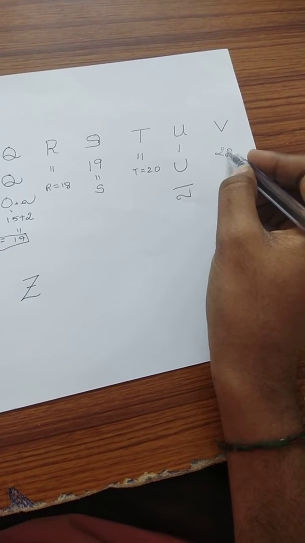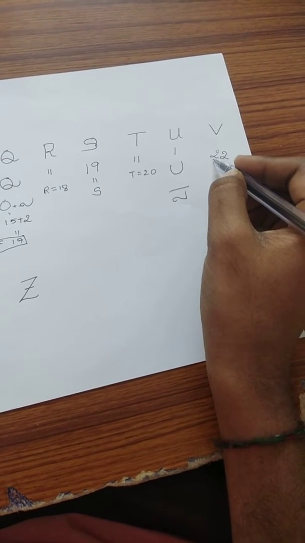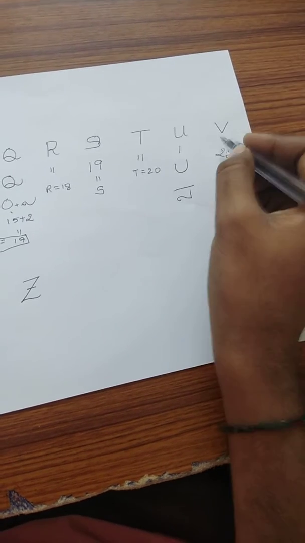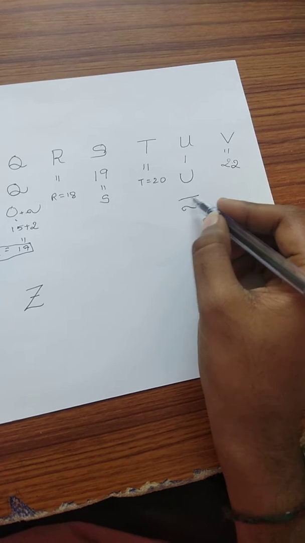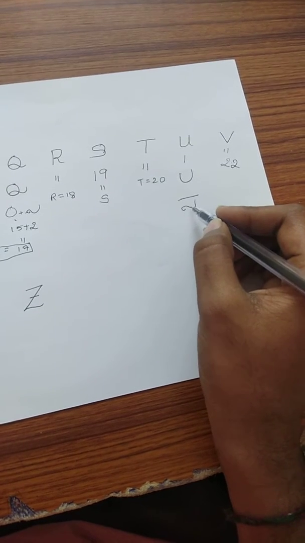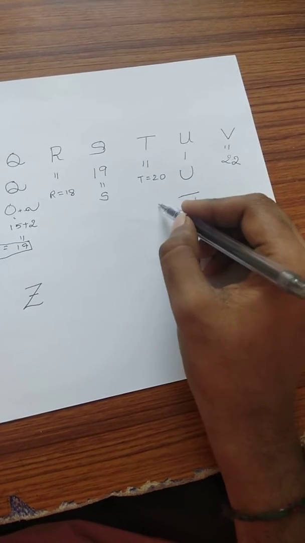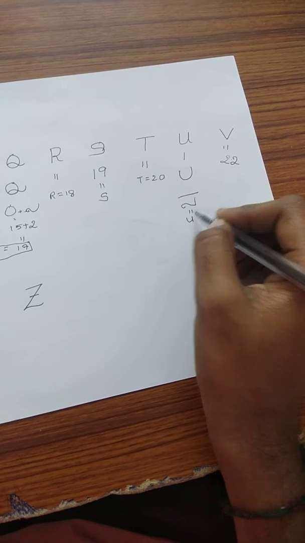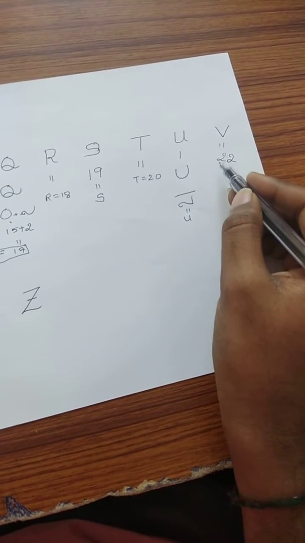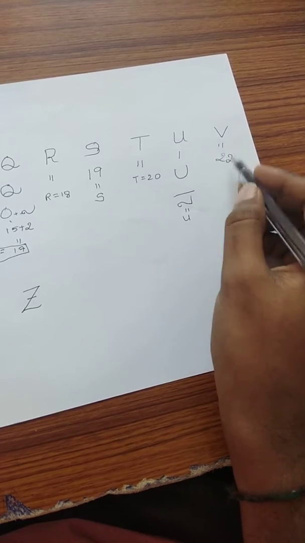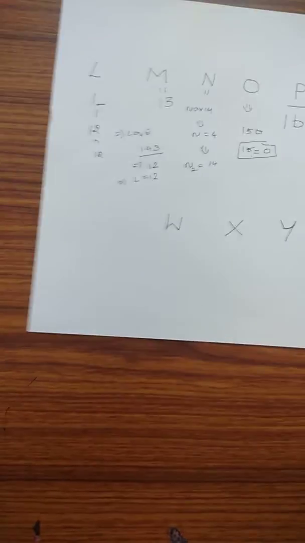I put 1 2 here, we get V equal to 22. In U you have only one line, that's why I put 1 here and place 1 2 here, we get U equal to 21. And we have 2 lines, that's why I put 2 here and another 2 here, we get V equal to 22. After that, W.